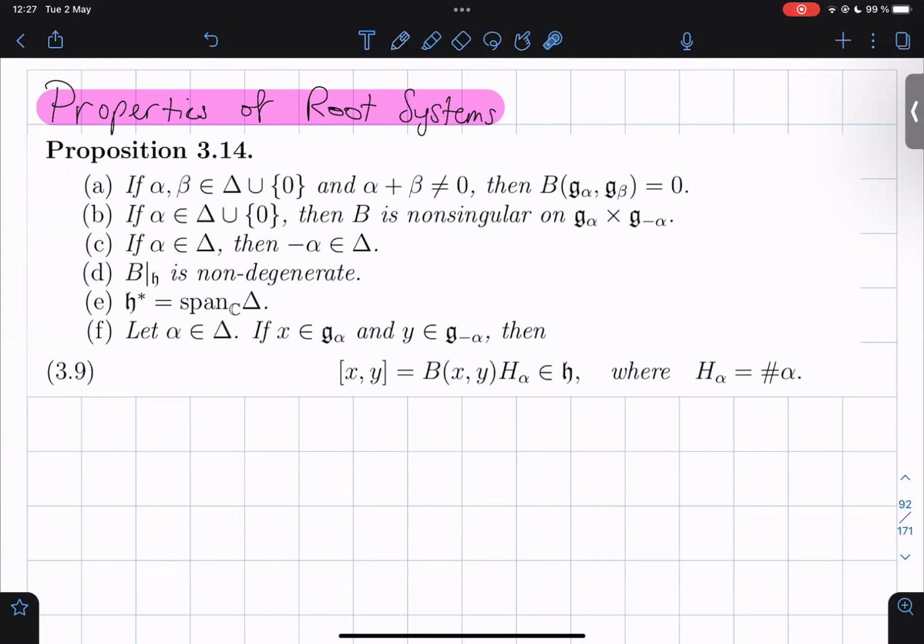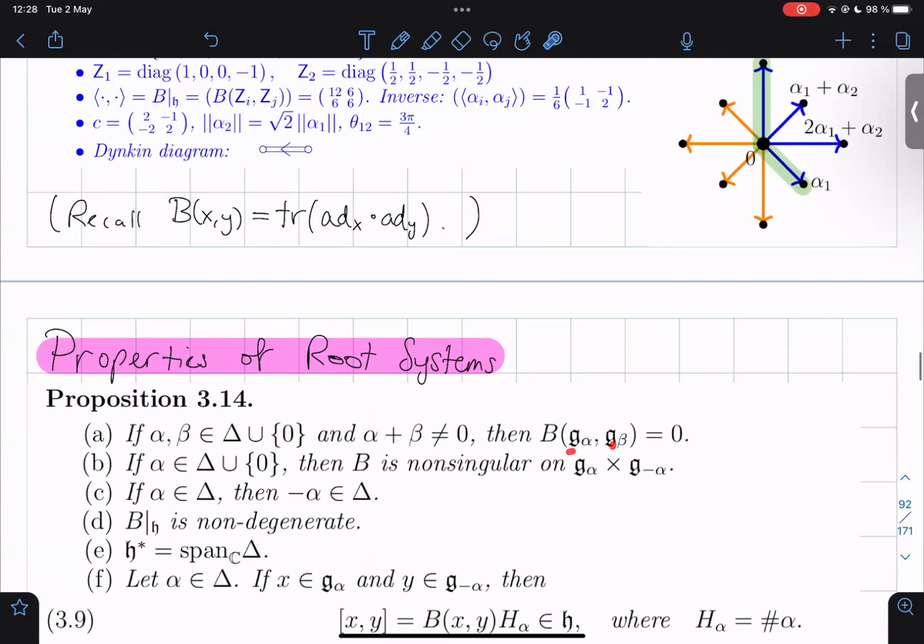Given alpha and beta, either a root or 0, suppose that alpha plus beta is not 0. Then the Killing form on G alpha and G beta is 0. These are orthogonal. Pictorially, take this as alpha.